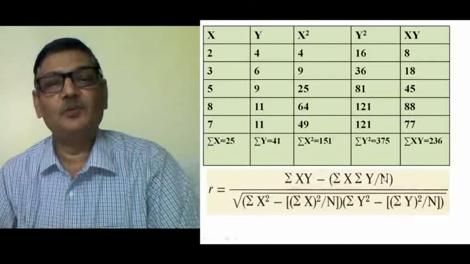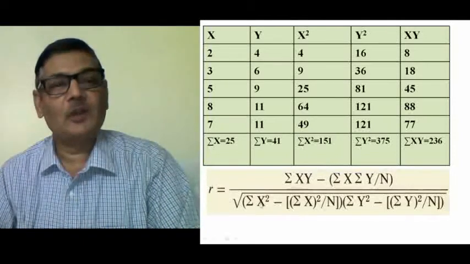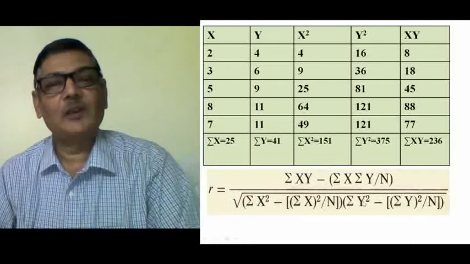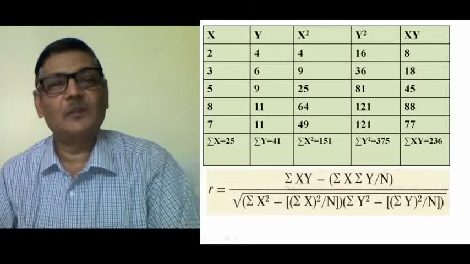Means 5 individual cases have been considered. And divided by square root sum of x square, so this value is 151. Then sum of y square, this value is 375. So we have to simply put these values in the formula to obtain the final correlation coefficient.